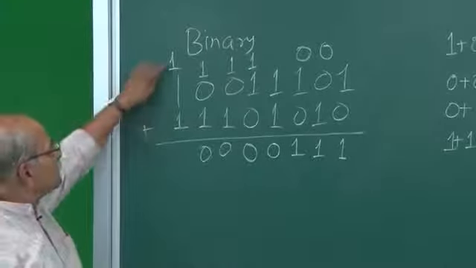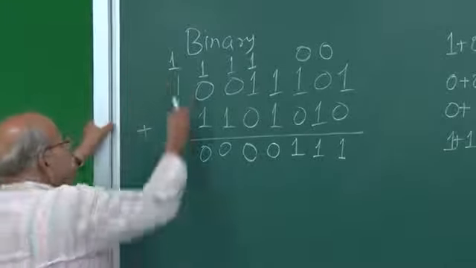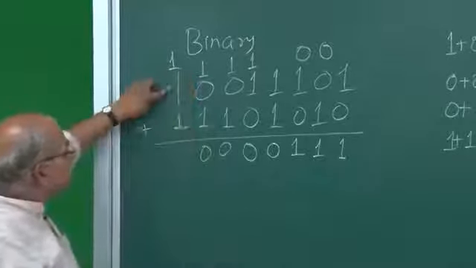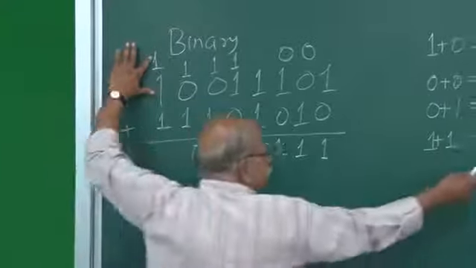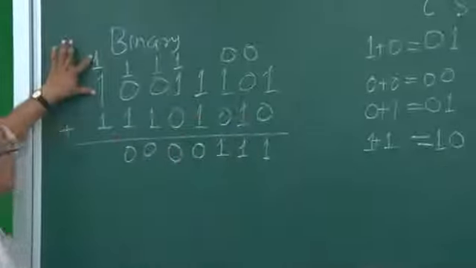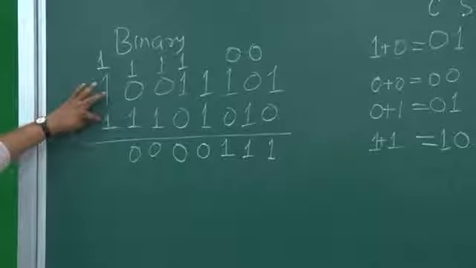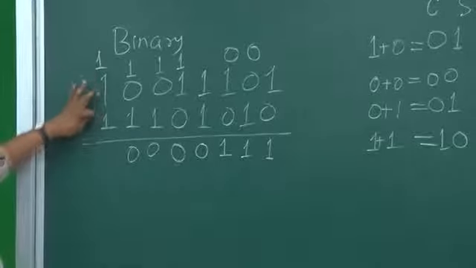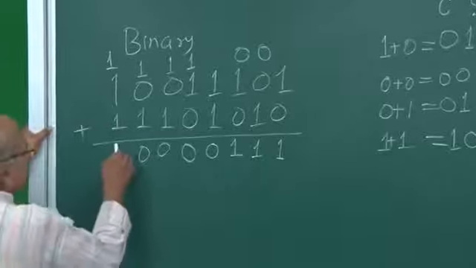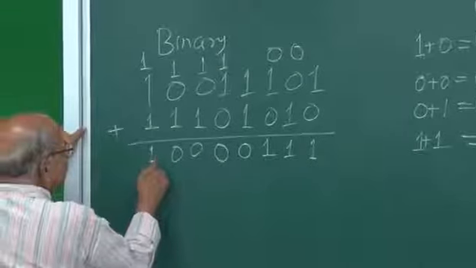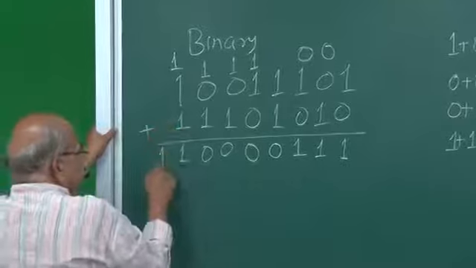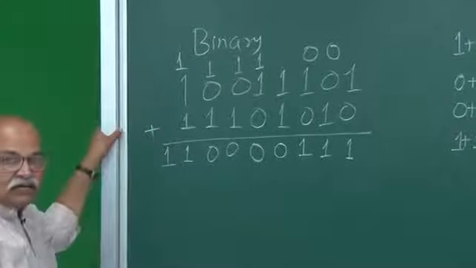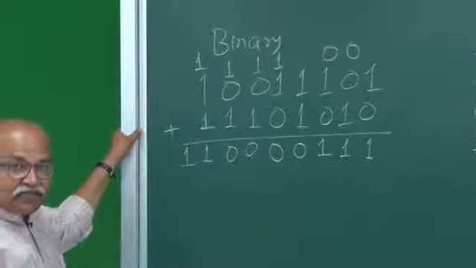And now I have 1 plus 1 and plus 1. So 1 plus 1 is 1 0, this 1 and this 0. The sum is to be added here, and the carry I have to remember. So that sum is added here, and that gives me 1 here, and that carry goes here. There's nothing here, 0 0. So that is 1.